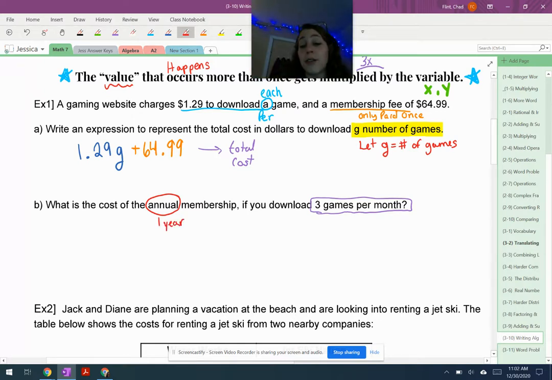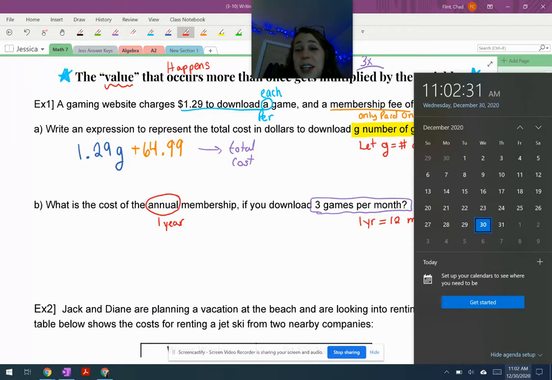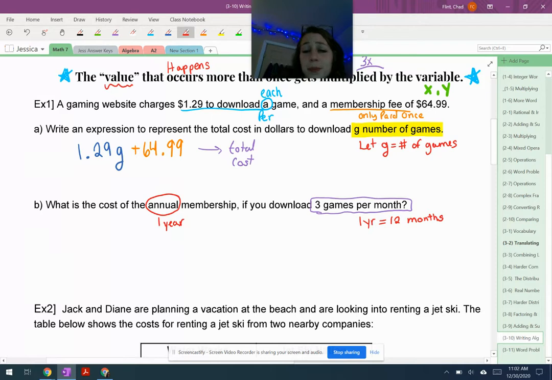And if you download 3 games per month, well, in 1 year, we need to know that there are 12 months. And if you didn't know that, well, easy peasy lemon squeezy, get on your Chromebook or get on your phone and check out the calendar, count the months in the calendar.